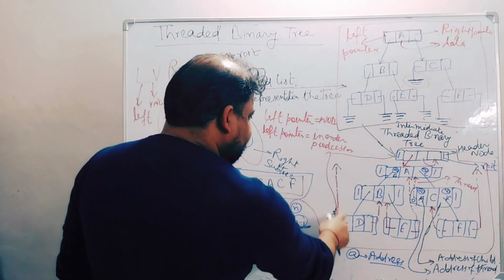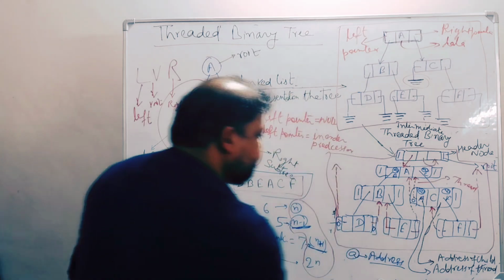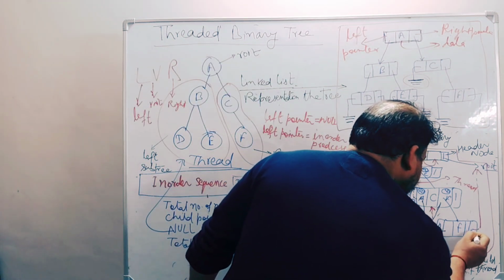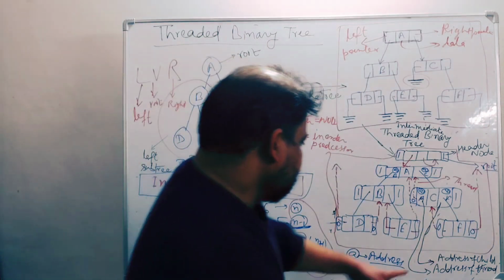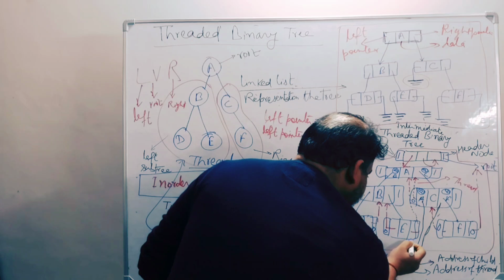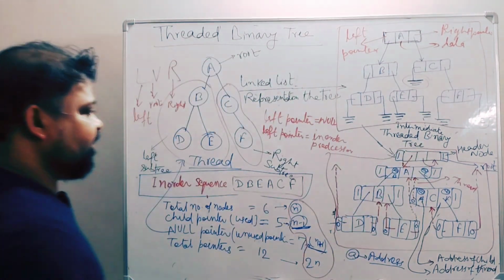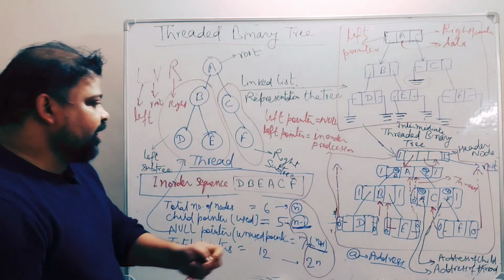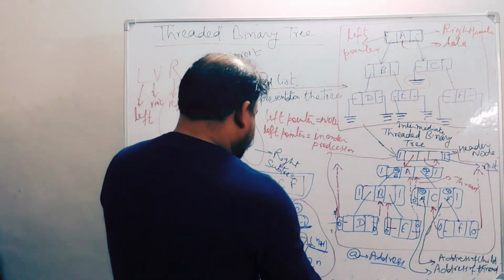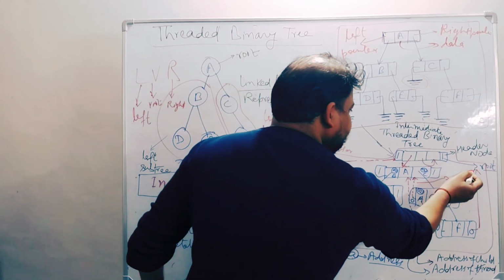In the same case here it is also 0 and 0, because both are threads. Here also once again 0, and this one is also 0 because they are pointing as a thread. Now what exactly will I do for these two dangling pointers? These two dangling pointers will point to the header.